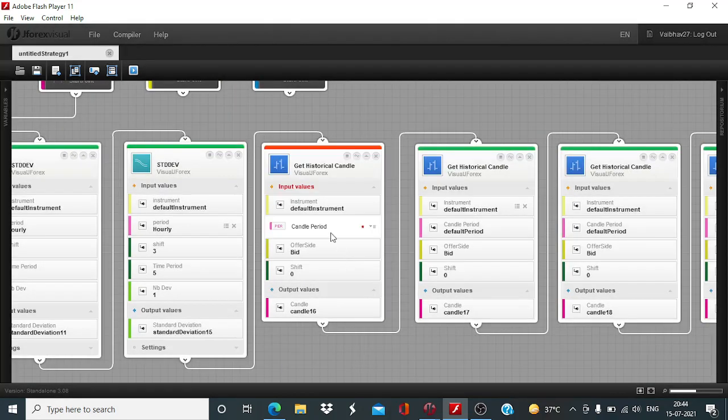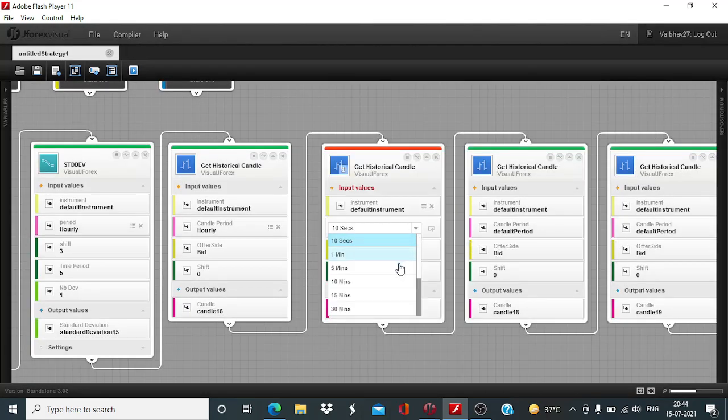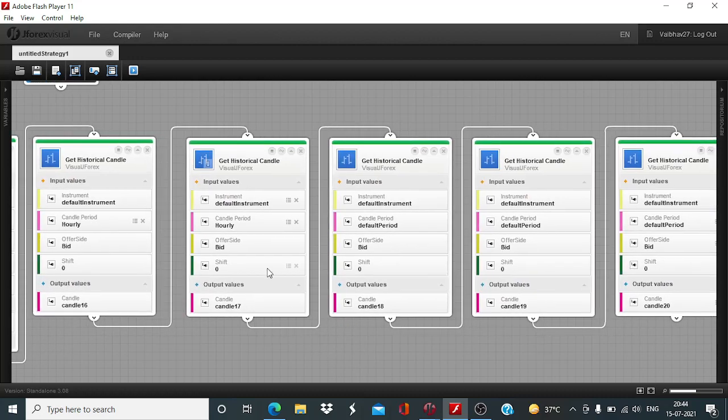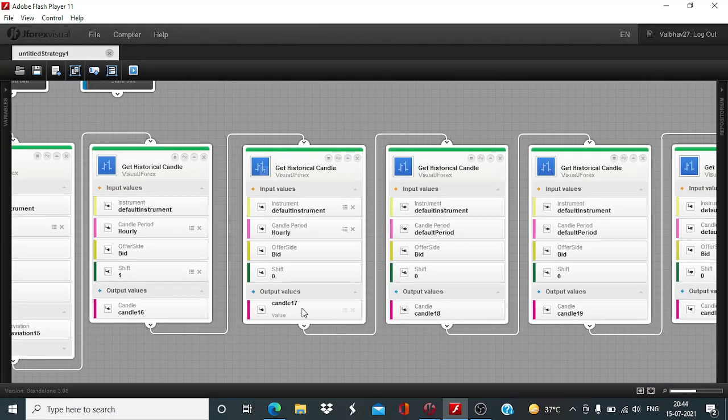This will need to be changed to hourly. Shift is going to be 1 and 2.